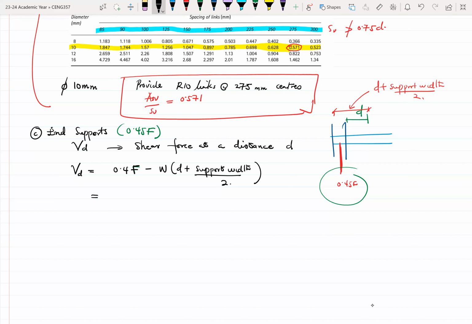So here we will have 0.45 times 995 minus W, which is 199. Our D, again, as we move away from the support, our D will change, right? When we're looking at near the support, our D was 580.